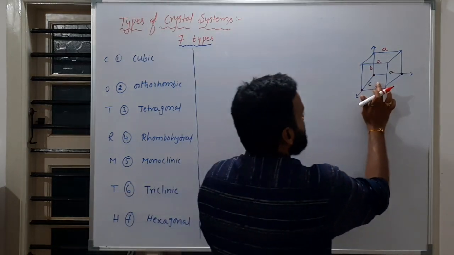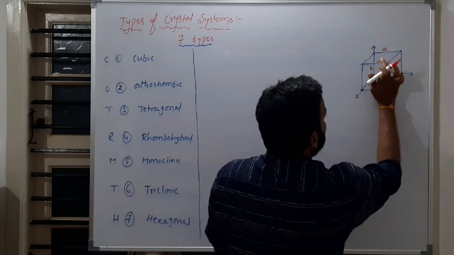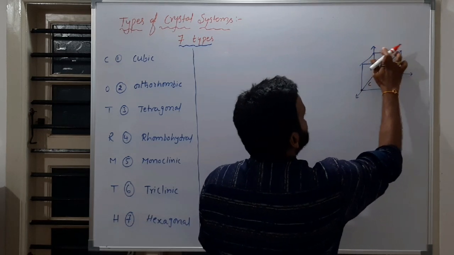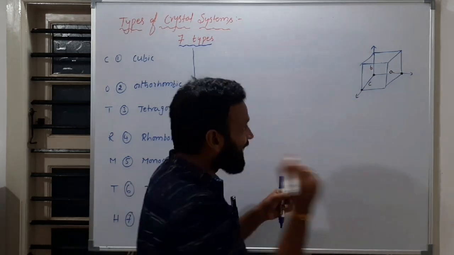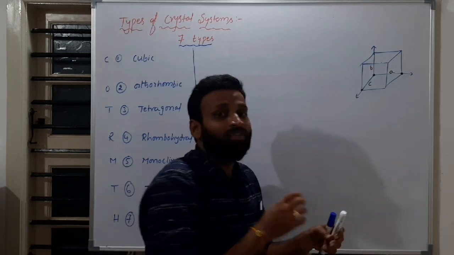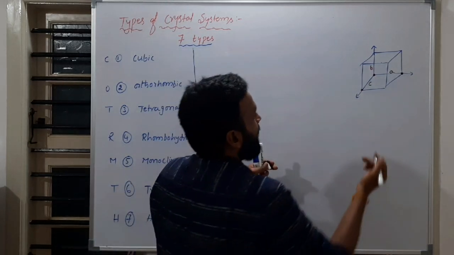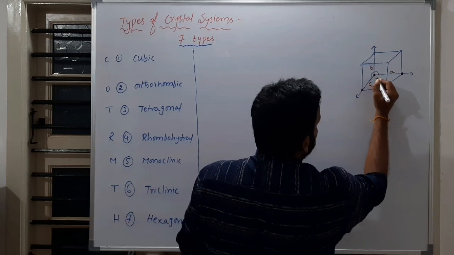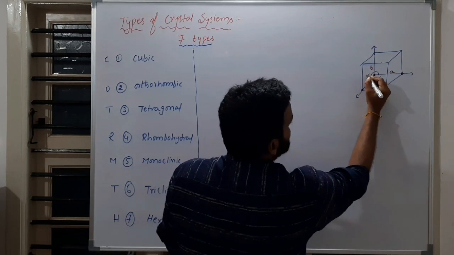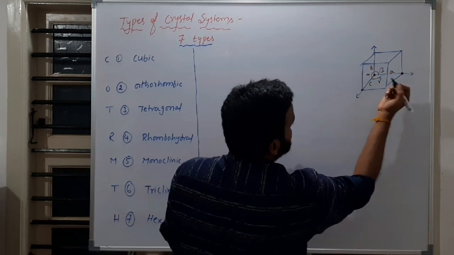This is A, and this is also A, and this is also A. Simply, I am representing A, B, C. And angles are also in the same manner. You have 3 types of bond angles. This is 1, and this is 1, and this is 1. This is alpha, this is beta, and this is gamma.